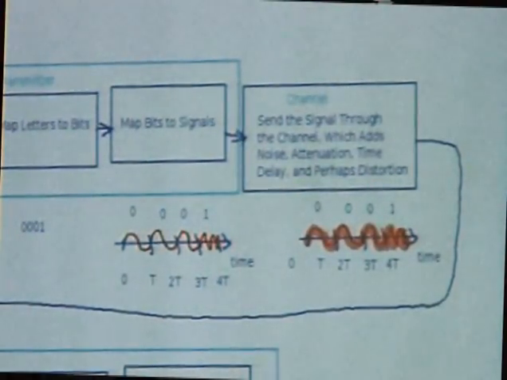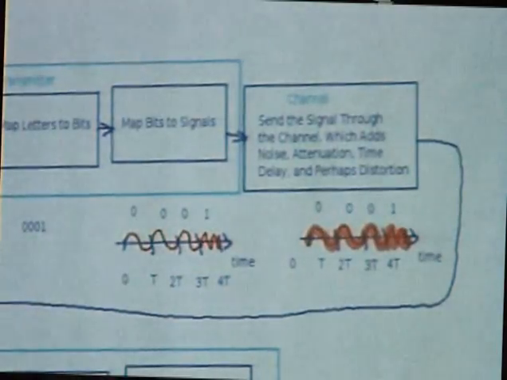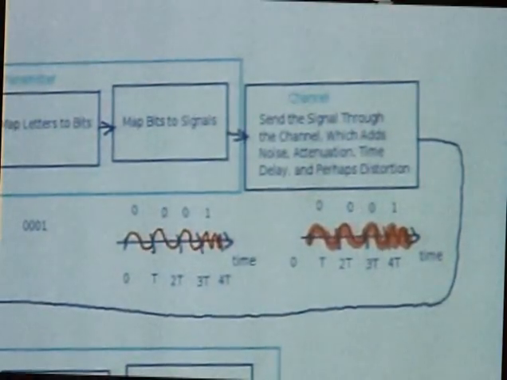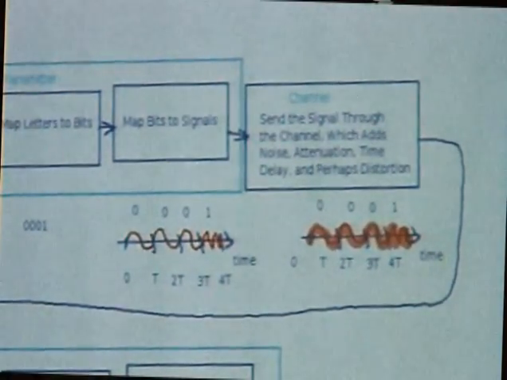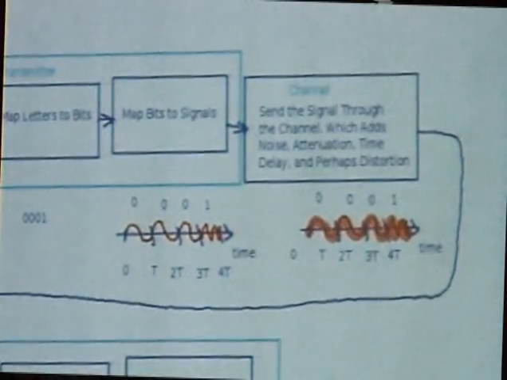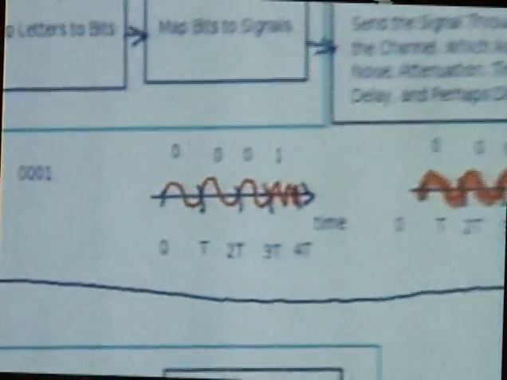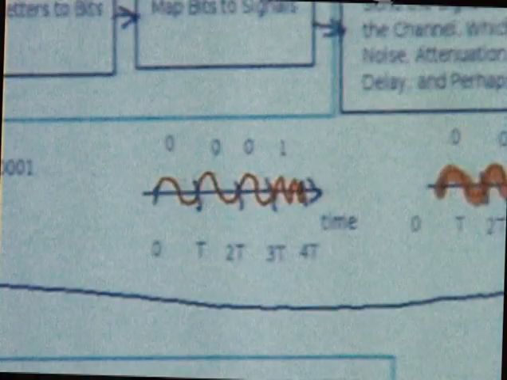And so you put 3 of those little cosine waves in there for the first 3 zeros, and we'll make the 1 have a frequency that's twice as fast. And you can see that 1 on the end kind of goes up and down really quickly, okay? So we're sending a low frequency signal for a 0 and a high frequency for a 1 in this example.